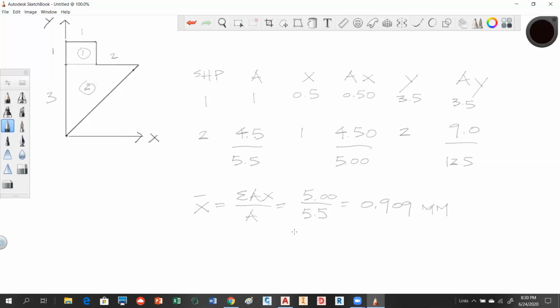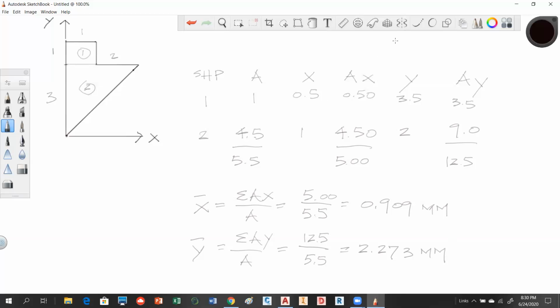So centroid x's and y's are always distance units. So y bar distance is the sum of ay divided by area. And that's going to give us 12.5, that's our ay sum, divided by, again, an area of 5.5. That's our sum. And when we do that, that gives us 2.273. That would also be millimeters.